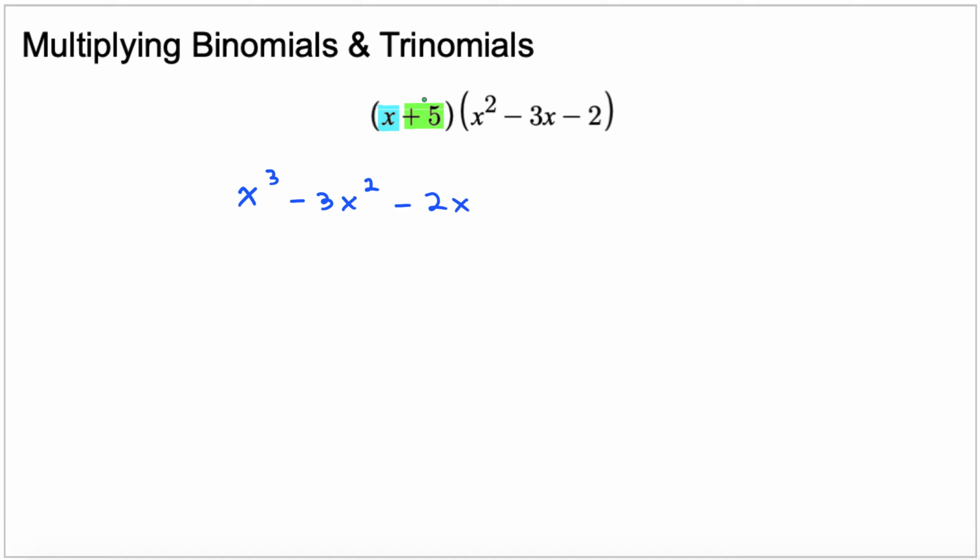So if we have 5, we're going to do 5 times x squared, which is going to give us 5x squared. And then we have 5 times -3x, which is going to be -15x. And then we have 5 times -2, which is going to give us -10.